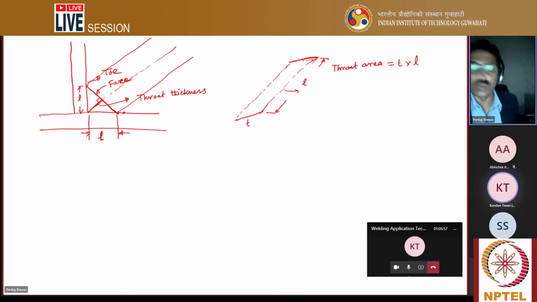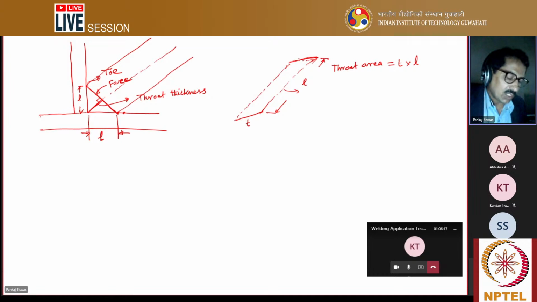You are using negative polarity itself? Yes. This is DCEN, generally straight polarity, as opposed to reverse polarity. For a non-consumable electrode, if you use straight polarity, heat generation in the electrode will be less.